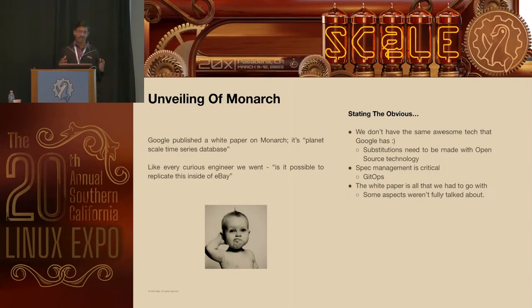Until this point, our installation was limited to maybe 3 or 4 Kubernetes clusters, but this would take it to as many as 100. So something like GitOps is required, where we can manage everything in a Git repository, and then some automation comes in and delivers it into every Kubernetes cluster that is part of this installation. And the white paper is all that we had to go with. Some of the aspects that we would have loved to understand weren't really part of the white paper.